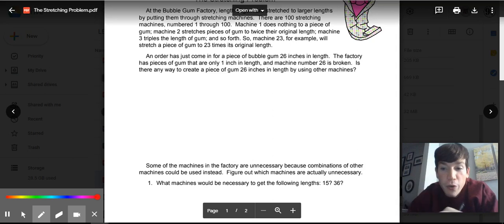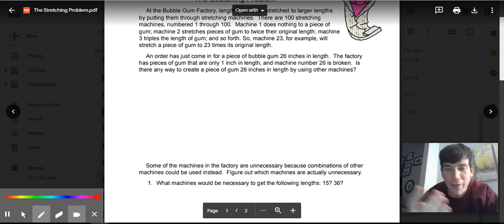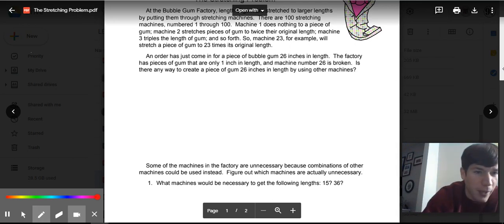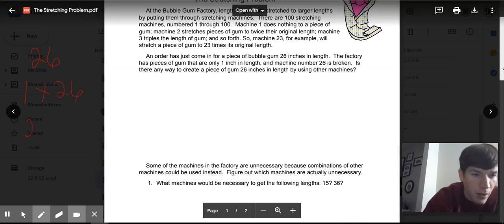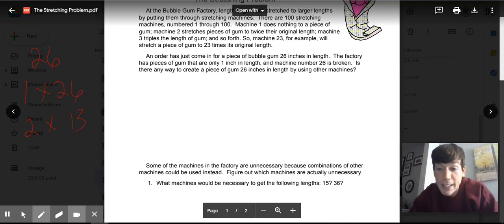Now, what we're going to do first is think about that number 26, and I'm going to think first about the factors of 26. So I'm going to write them over to the side. So if I'm thinking about the factors of 26, I know I can make that by doing 1 times 26, and I know that I can do 2 times 13. So I'm thinking about how could I split this up without having 26?